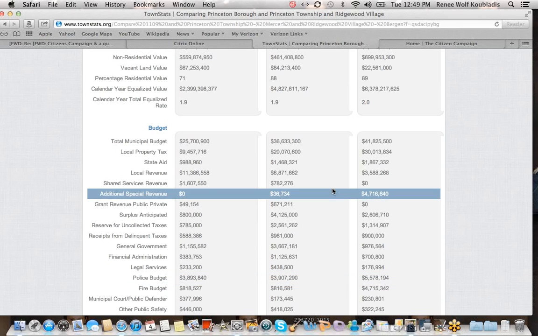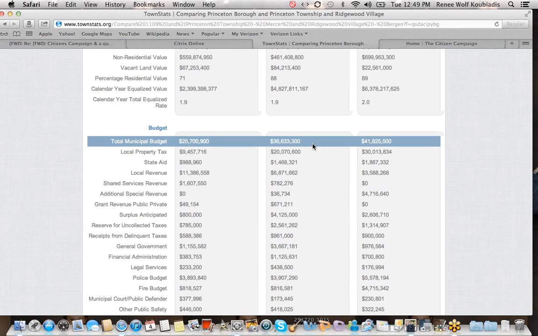The combined budget for the towns is $61 million versus $41 million for Ridgewood. It would certainly imply that there is efficiency in consolidation. And the Princetons are the two towns that are currently consolidating into one. In fact, there's a major meeting tonight in Princeton, at which they're laying out the detailed plan for that consolidation.